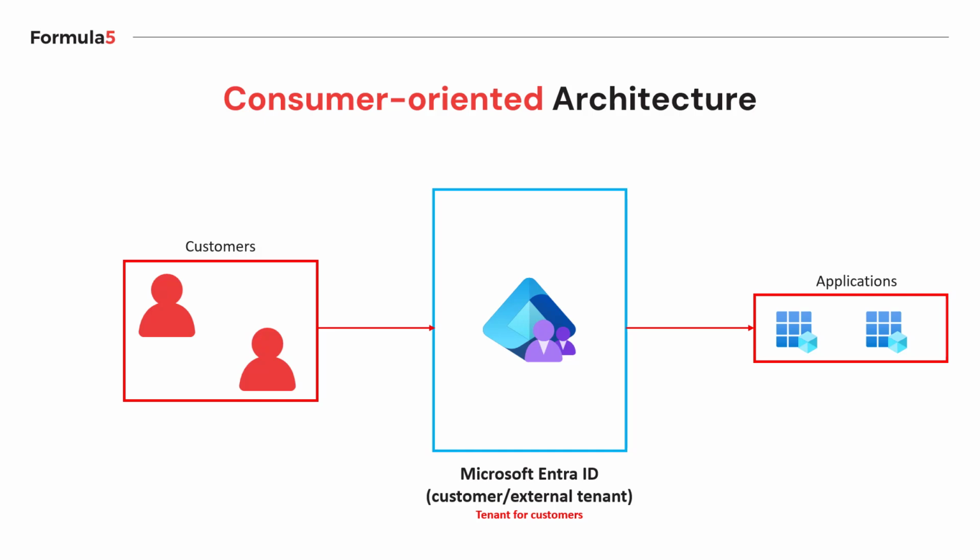You will be able to integrate user flows with external APIs, to grab some data from external sources, to store some information in separate sources or databases. So it's really powerful. And if you have the need for such architecture, definitely you should use a separate tenant, which is the Microsoft Entra External ID tenant.